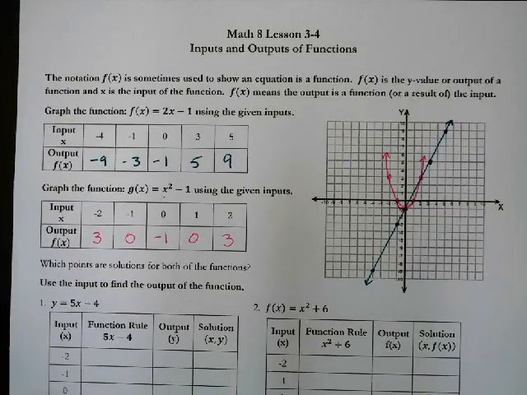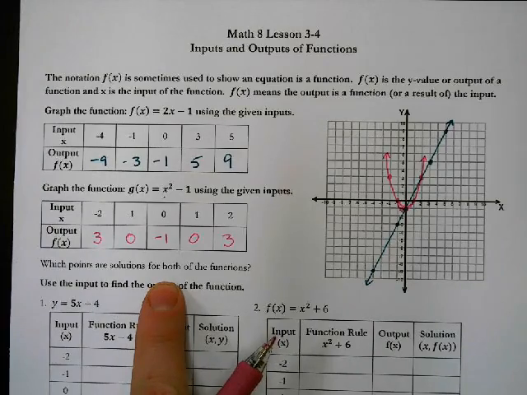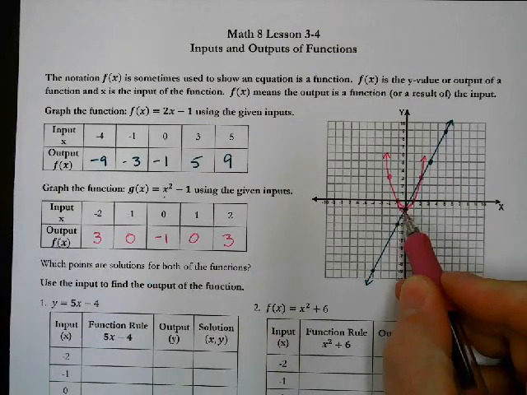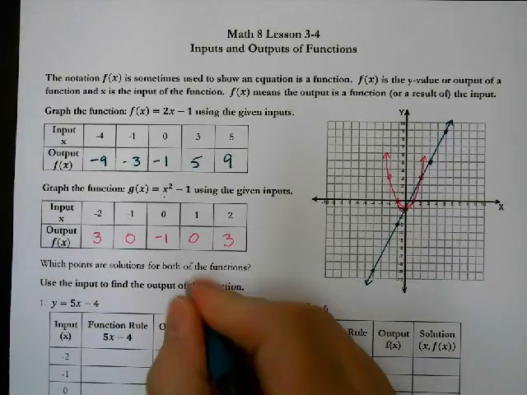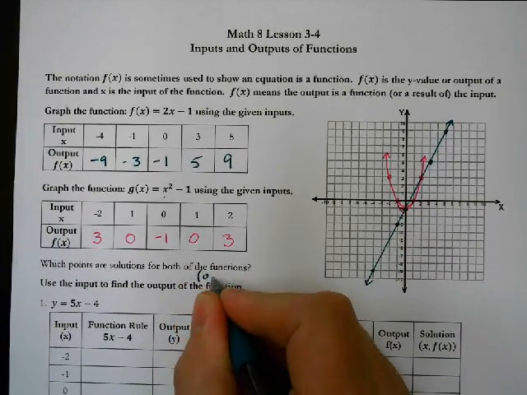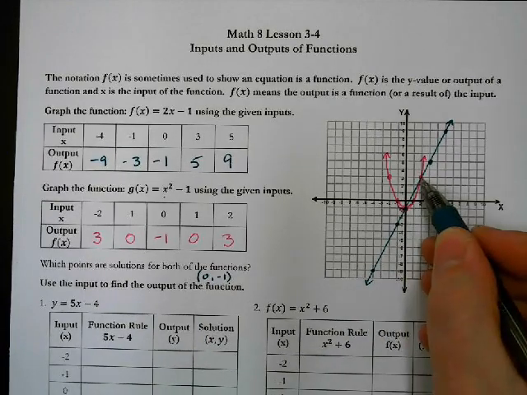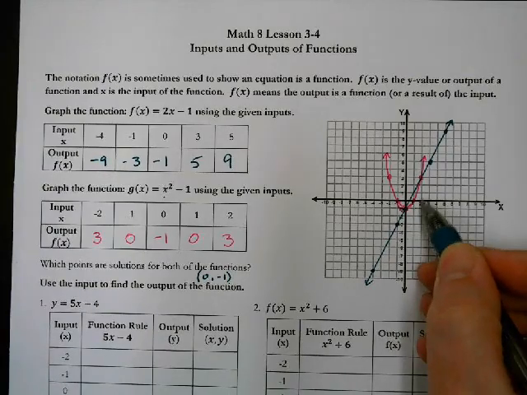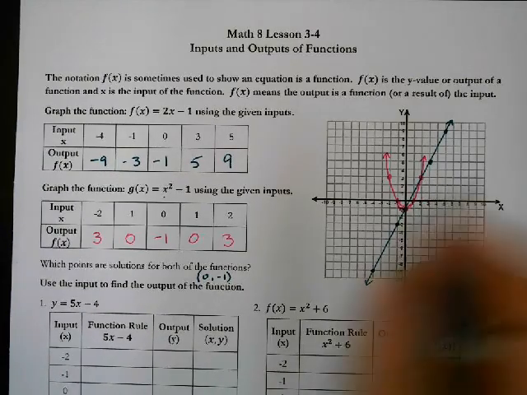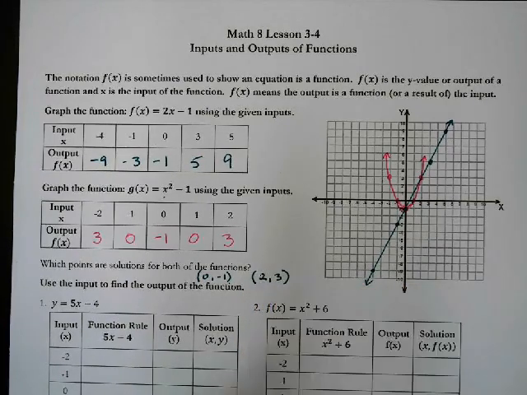So there's a parabola. Which points are solutions for both functions? So right here, they both share this point. That is the point 0, -1. We have another solution over here. They both share the solution of an input of 2 and an output of 3.